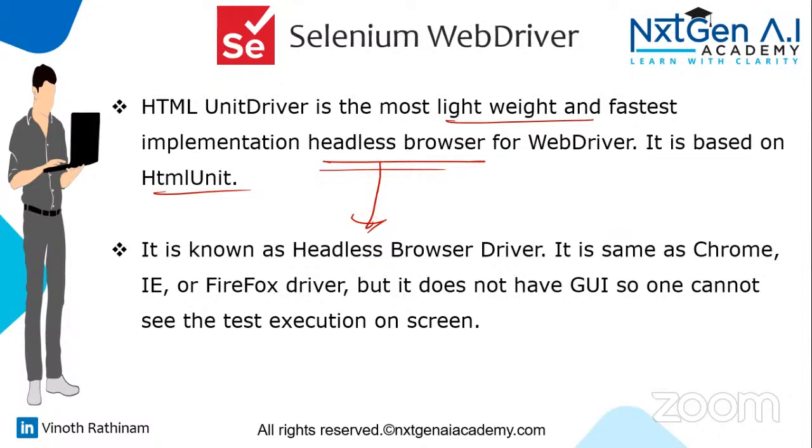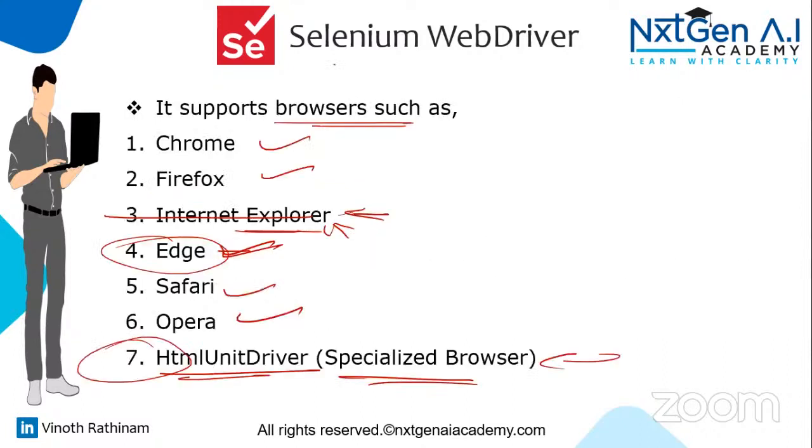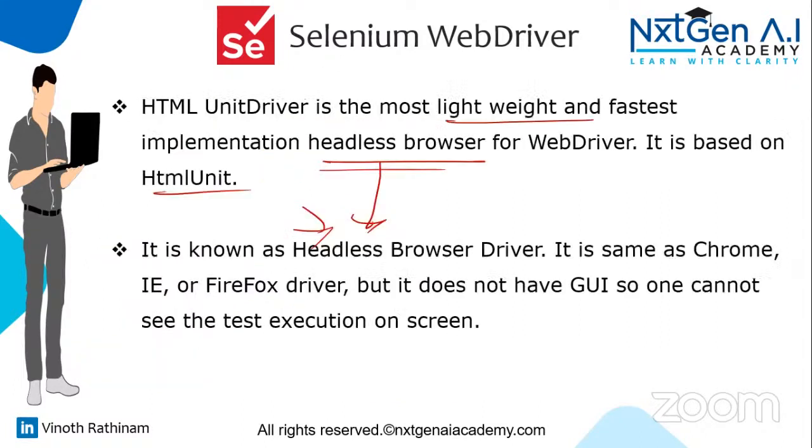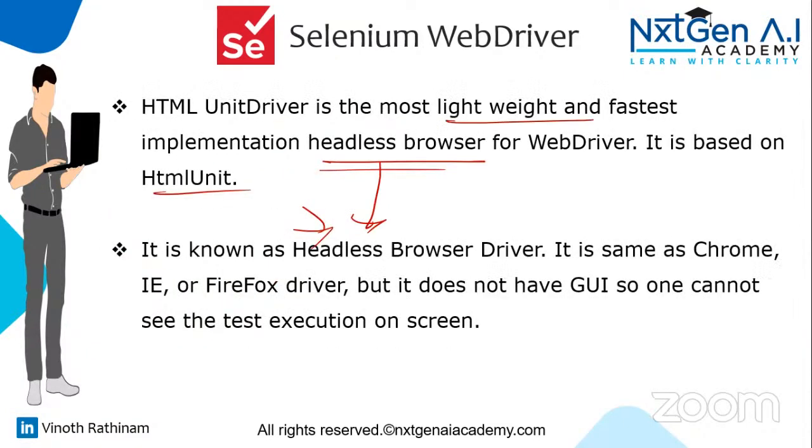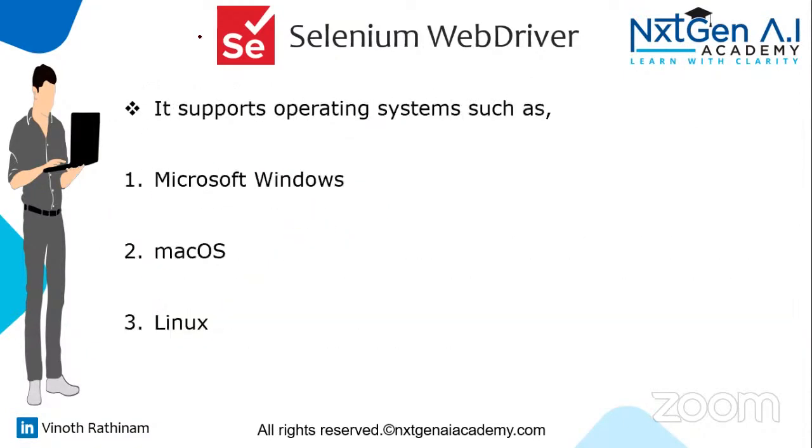So you can complete an automation test case and execute it directly in the headless browser. It means it will be executing in the backend. You can't see any front end. And finally, you will get the report, like all passed or failed. So this is one more browser available in the market. If you want to complete the execution as quickly as possible, we can go for HTML unit driver, but I never used it.